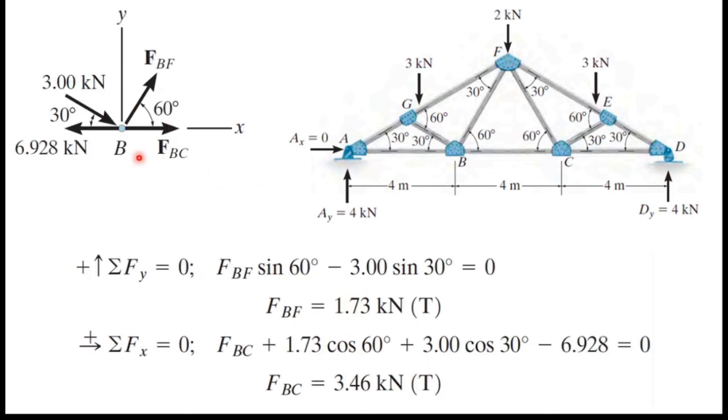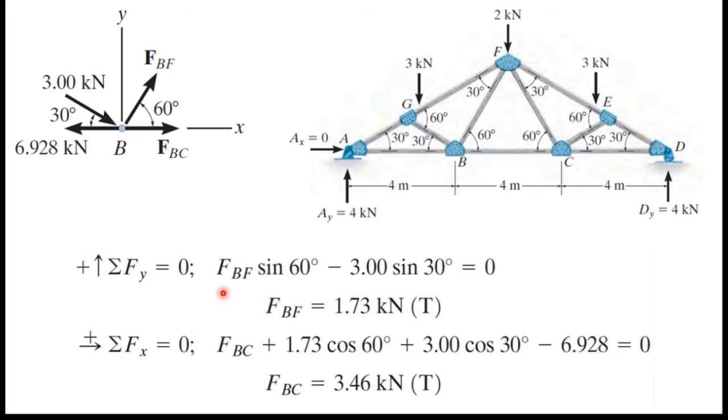Finally, joint B, this joint. So I have to consider this AB member force, BC member force, BF member force, and BG member force. So you can see there are 4 forces associated with this joint. Now I know FAB force and FGB force. I just have to find FBF and FBC. For that, first I will consider the sum of all the vertical forces.